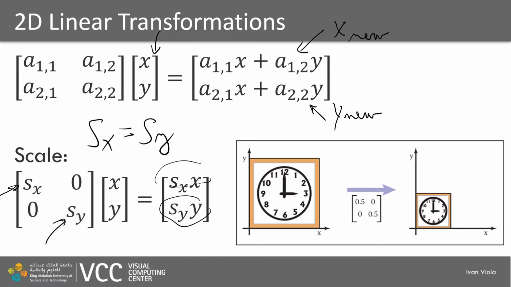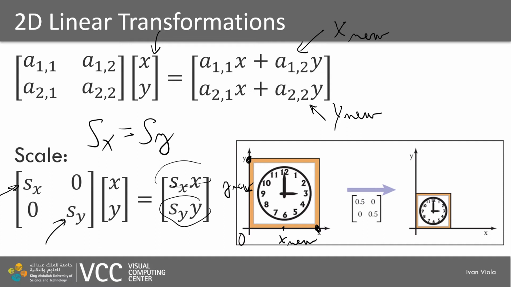It is important to understand that x and y are certain coordinates here. This is the origin of our coordinate space, and the new coordinate will be half of the input one for both x and y.